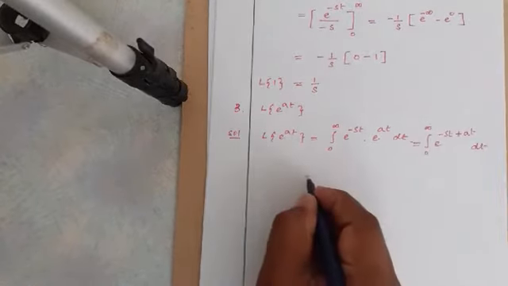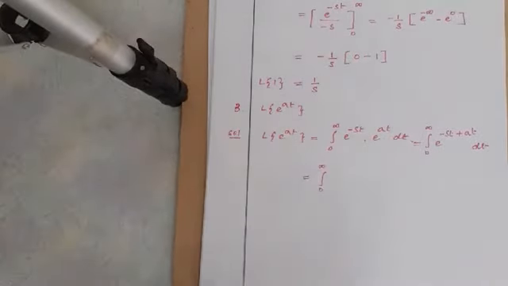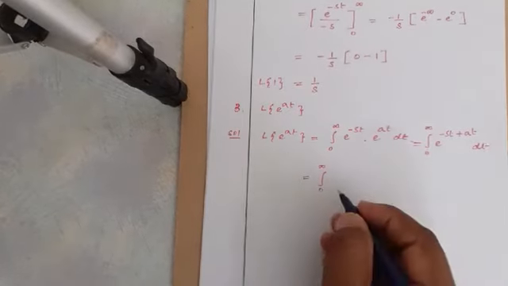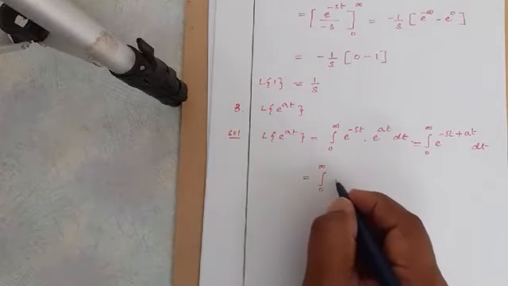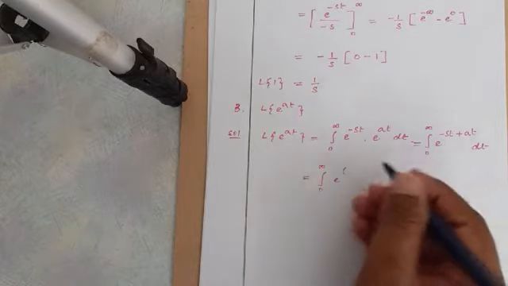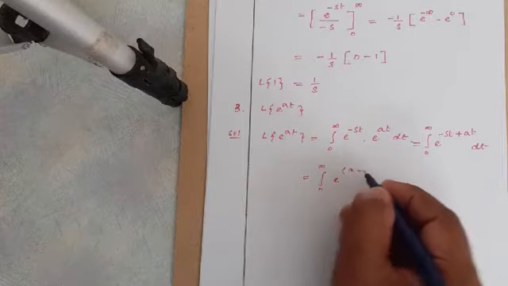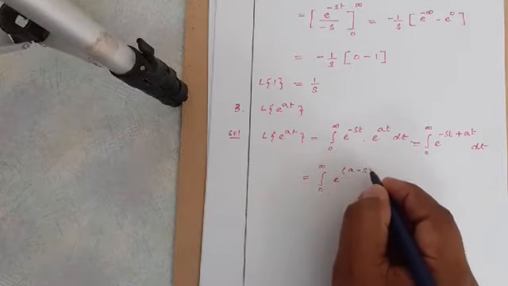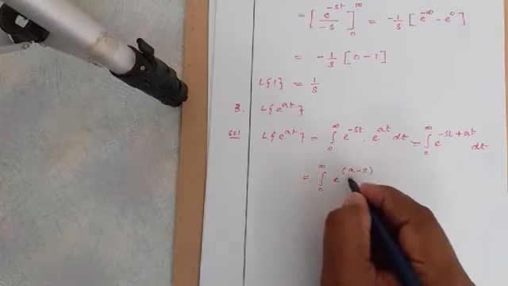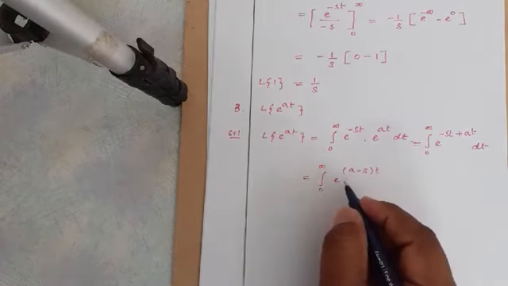So this is equal to integral 0 to infinity. Now when you take t common, this becomes e power in bracket, you can write here a minus s, into t, because here we take the positive term first.